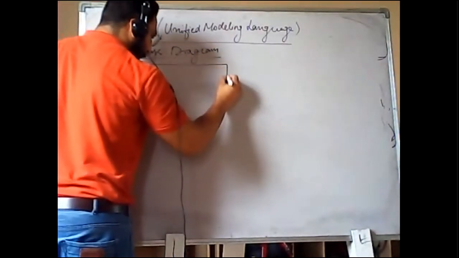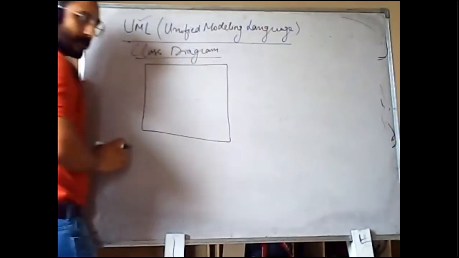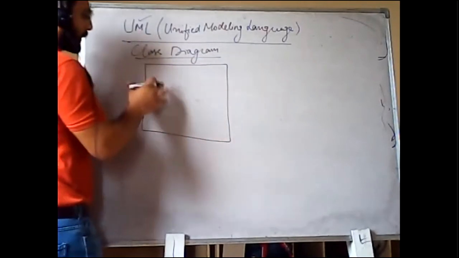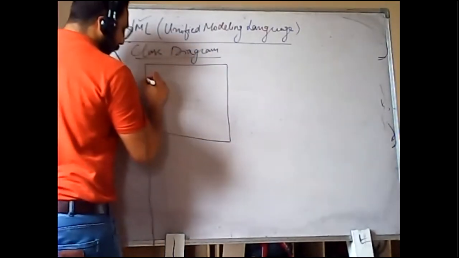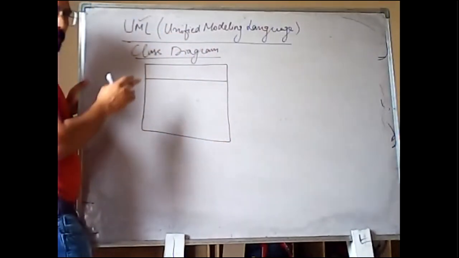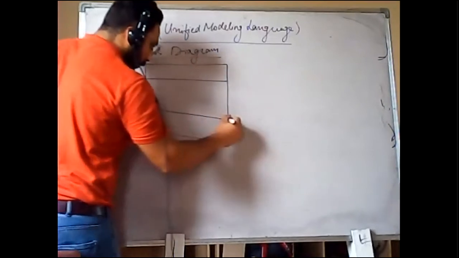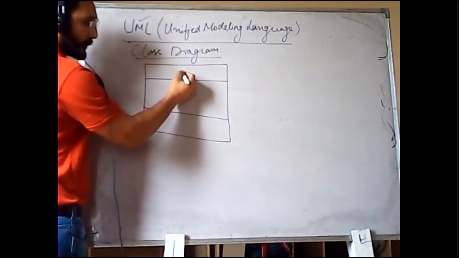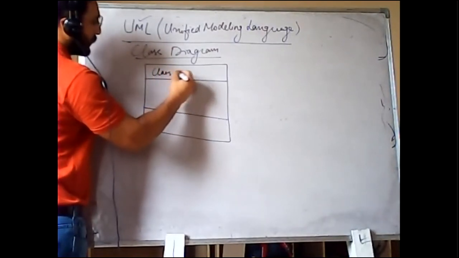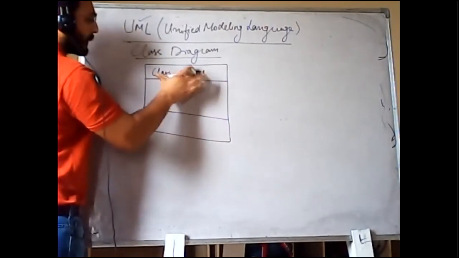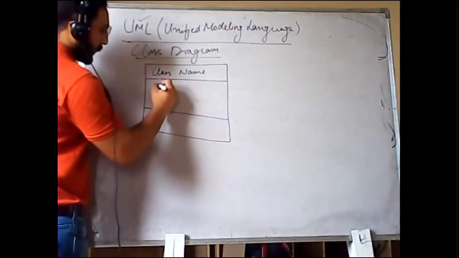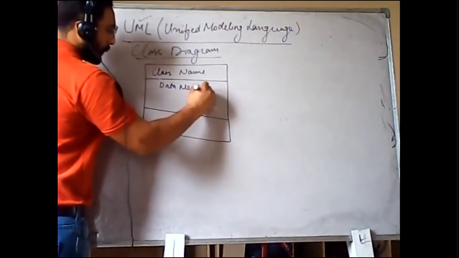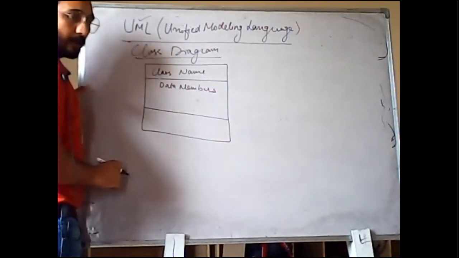Your class is a single block. This is the diagram that is already in your UML. We will only drag and drop, but how it looks is, there is a block, and in that block there are three divisions. Okay, first is your class name. We will write here the name of that class, and further we will write the data members.